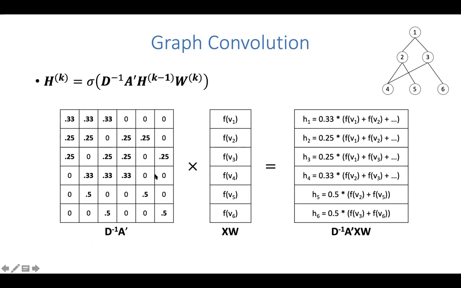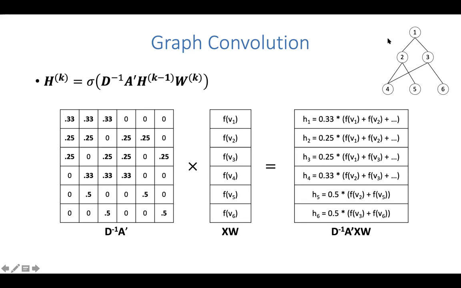When you multiply the two and put the result through a nonlinear activation function, that's how you derive a node embedding for one layer. If you look at the inner workings, D inverse A prime is a normalized adjacency matrix, and in the adjacency matrix the diagonal elements are all filled in. It's not zero, so that you have a self loop.